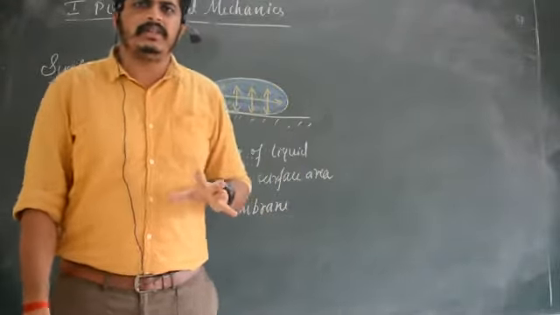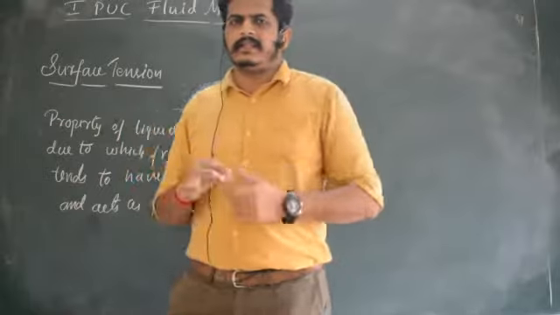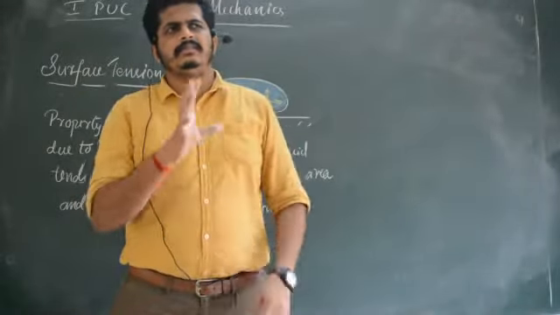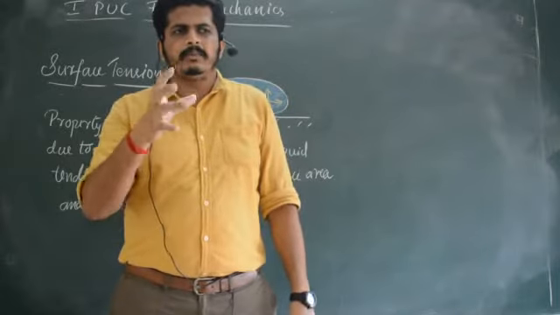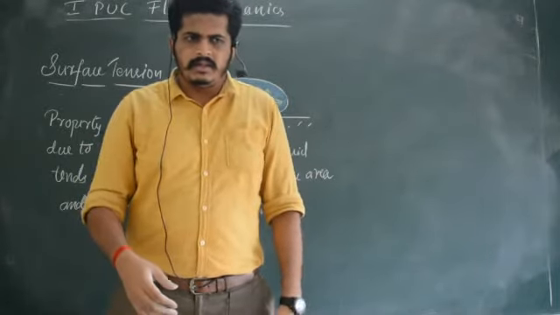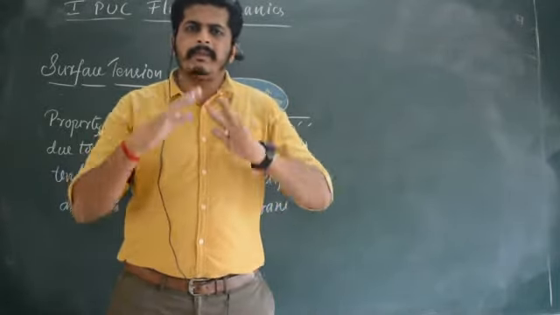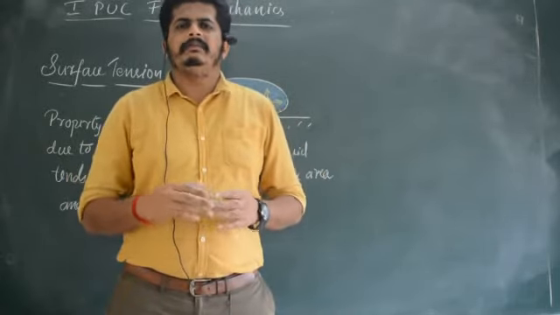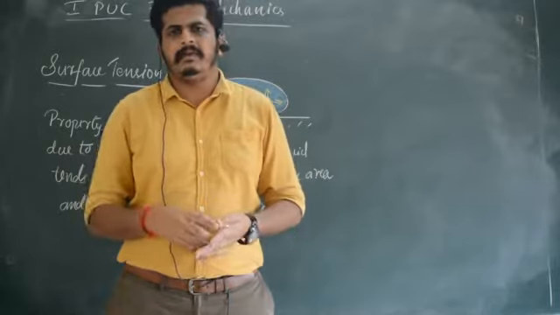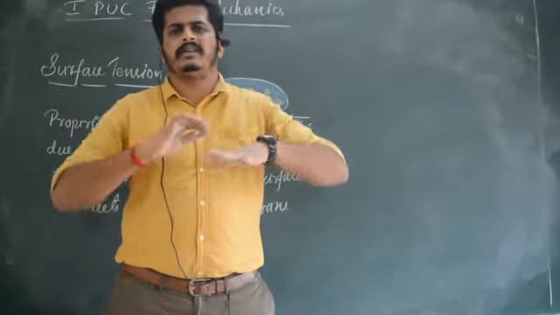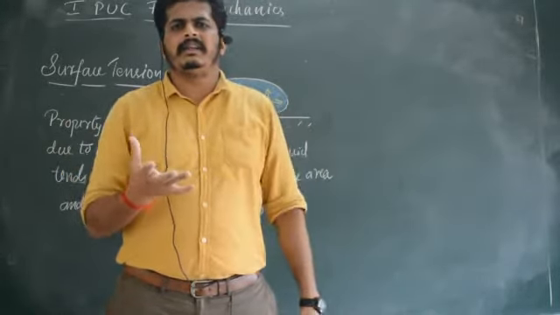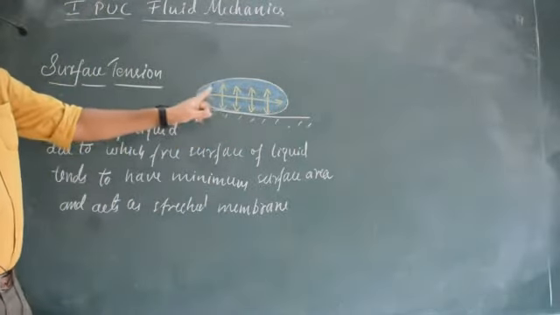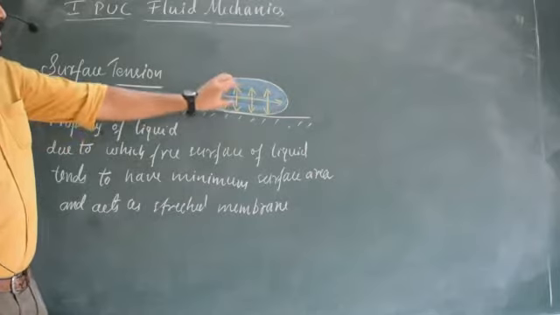What is surface tension? The definition I have written here, in simple words, you can define like this: it is a property of liquid which tries to minimize its surface area, and it behaves as a stretched membrane. Membrane means, of course, something which covers, correct? Stretched membrane, that means, look at here, some forces are being made, that means stretching.